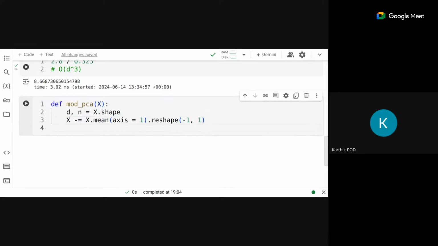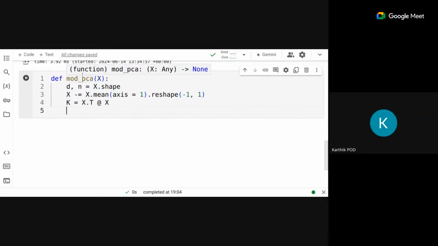Now, instead of working with X X transpose, we are going to work with X transpose X. We call this matrix capital K. Then we do the eigen decomposition using np.linalg.eigh, which gives us eigenvalues and eigenvectors of the kernel matrix. Though there is no kernel, it's vanilla or standard PCA now, but still. I'm going to call this eigenvalue eigenvector again.